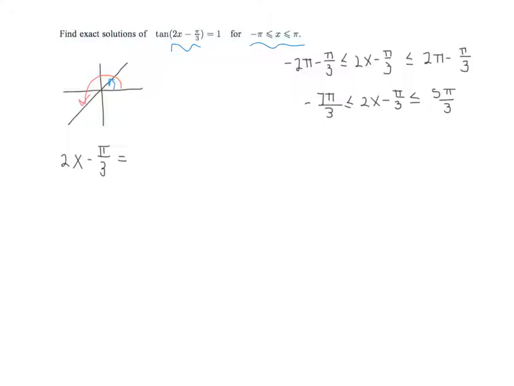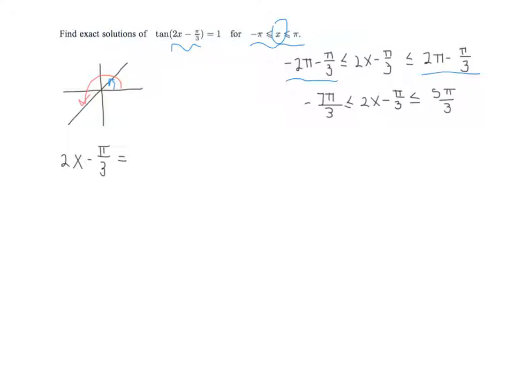So you need to make the angle 2x minus pi over 3 by multiplying what's given by 2, then subtracting pi over 3. So the left domain becomes negative 2 pi minus pi over 3. Then the right domain becomes 2 pi minus pi over 3. Simplifying, you get negative 7 pi over 3, and then 5 pi over 3.